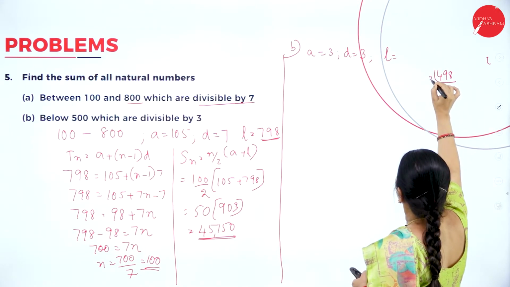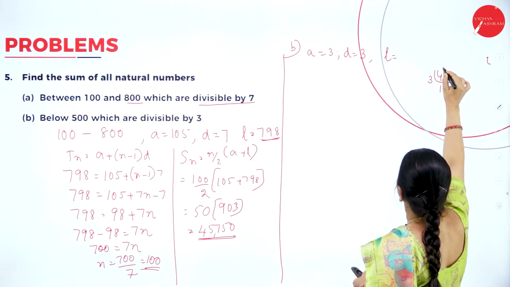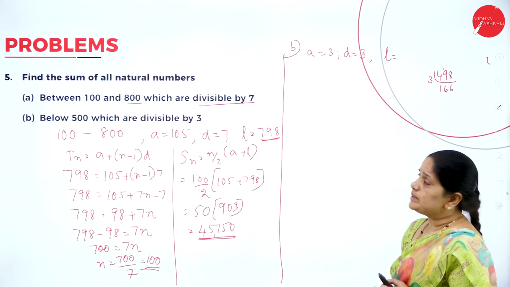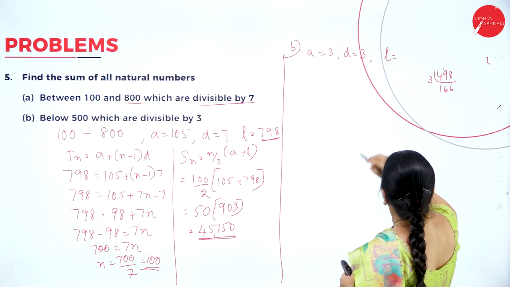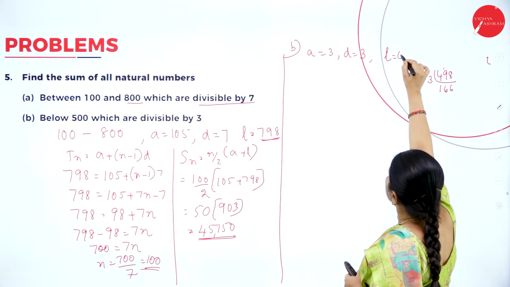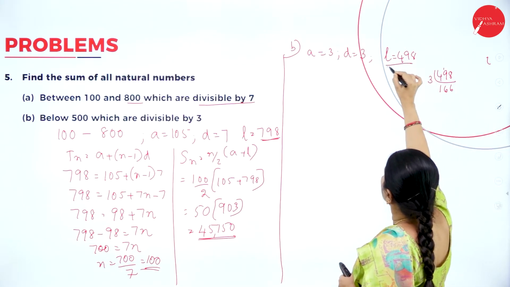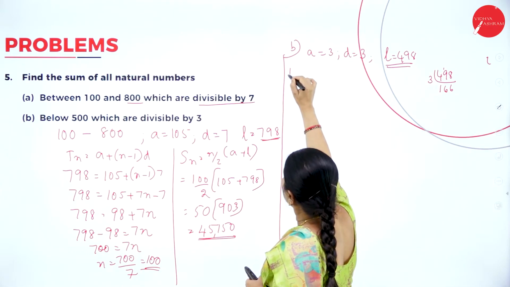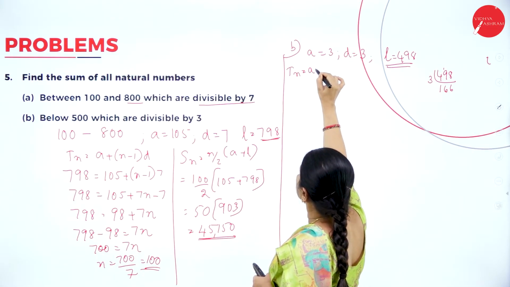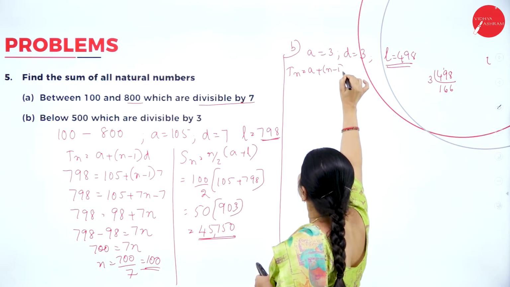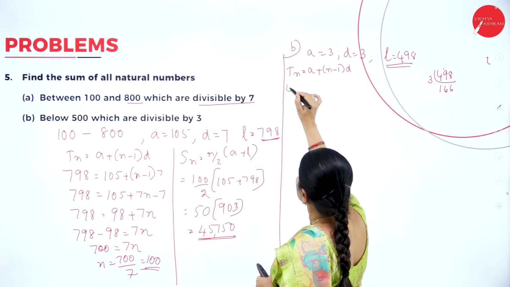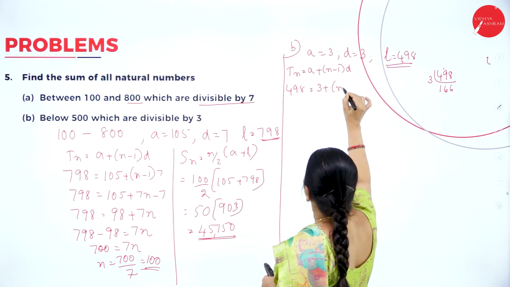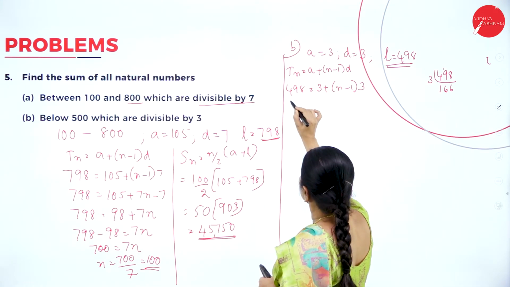498 divided by 3. 3 sixes are 18. So 498 is divisible by 3. So I get the last number as 498. Now I have to find the nth value. So I will write Tn equals a plus n minus 1 into d. 498 equals 3 plus n minus 1 into 3.